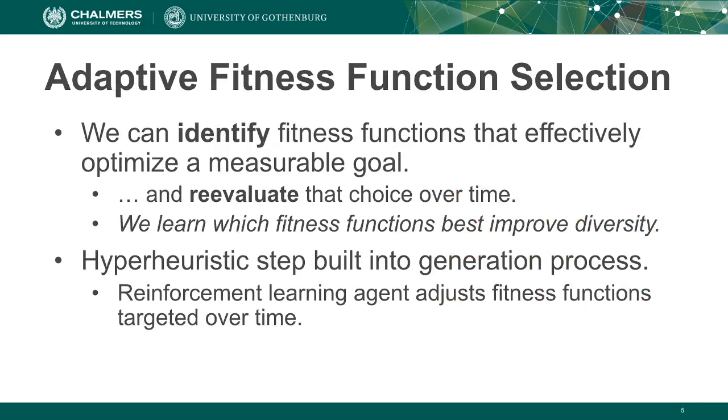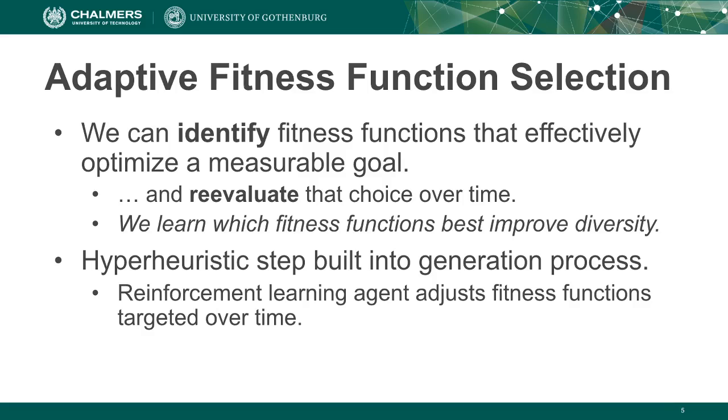Now, that does not mean that test suite diversity cannot be attained. Rather, we simply don't know what fitness functions would be effective. There's many different fitness functions out there used in search-based generation for attainment of other goals. Well, careful selection of one or more of those functions, potentially paired with a diversity metric, could provide that missing feedback we're looking for.